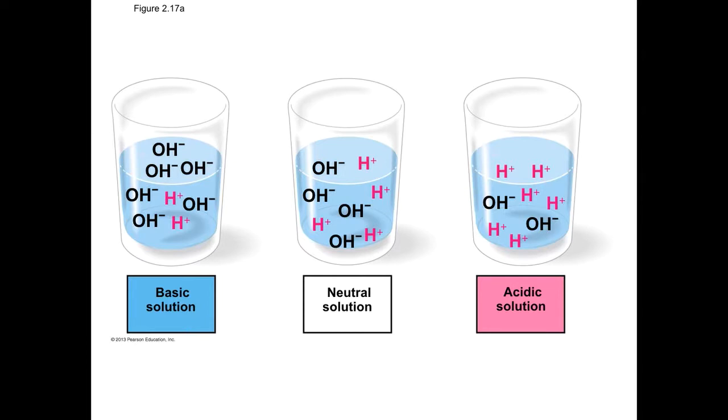In an acidic solution, you have something that is donating hydrogen ions. The OHs that are naturally around in water will suck up some of those hydrogens, but in general, you're going to have a lot more hydrogens floating around. So in this acidic solution, you have a lot more hydrogen ions and a lot fewer hydroxides. That's what makes it an acid. Remember, an acid has a pH lower than 7.